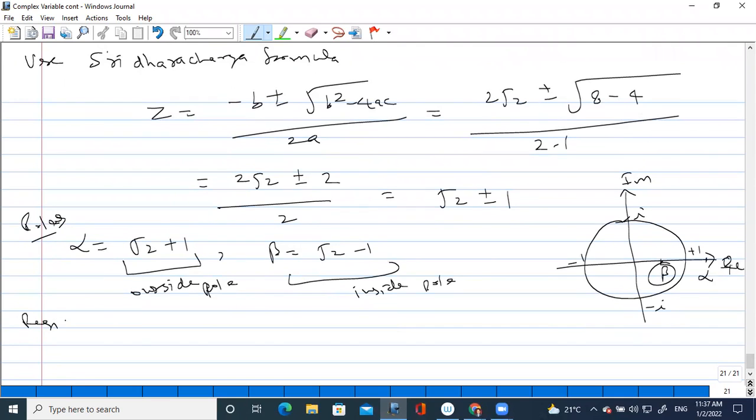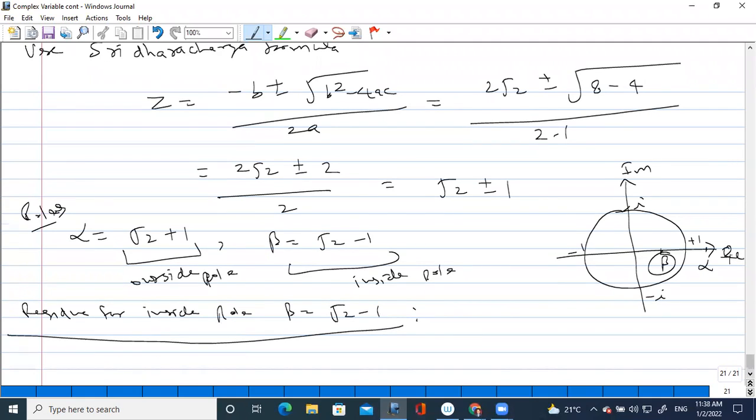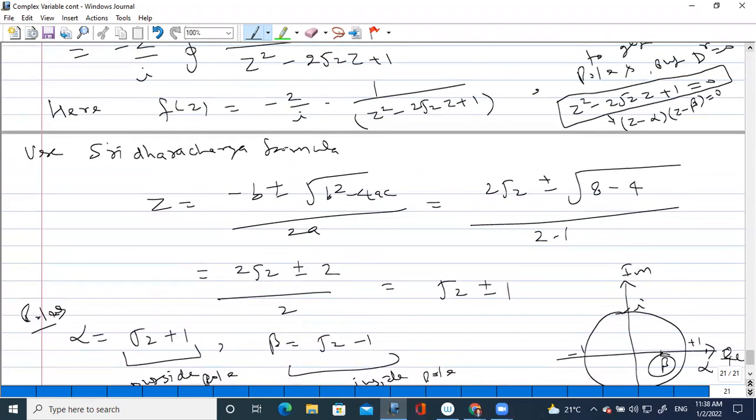Okay, now residue for inside pole beta equal to √2 minus 1. So for this you have to find out. Okay, so your FZ will be now, FZ you can write where it was FZ. This was your FZ. So FZ can be written in simple form.